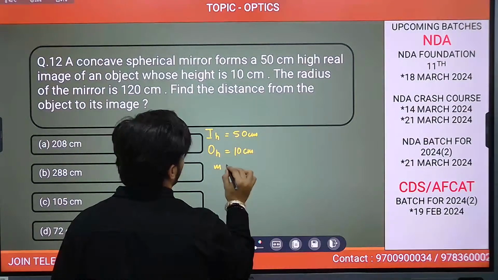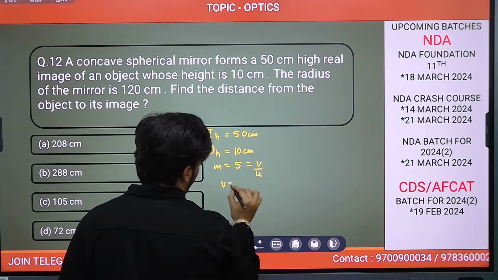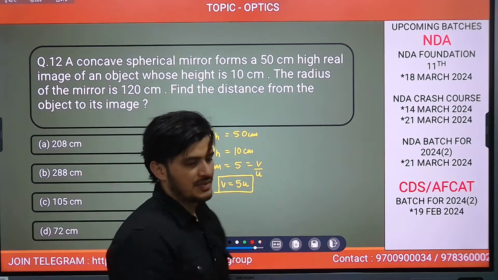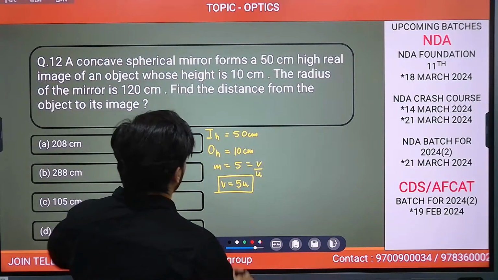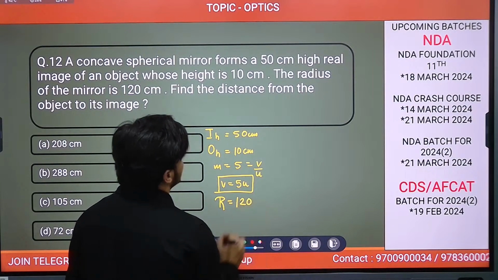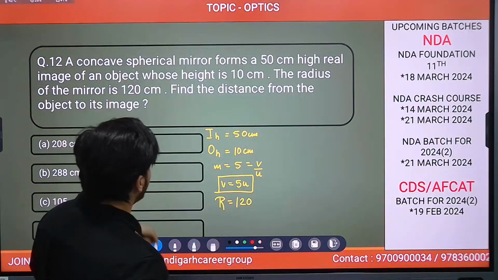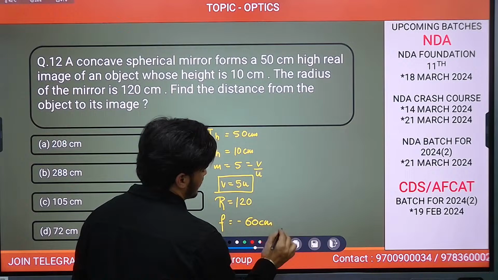So from there magnification is 5, which is v upon u, and we can write v is equal to 5u. This is the first thing. Second point is, now radius of curvature is 120. Look at the mirror, it's concave, so negative, so focal length is minus 60 centimeter.